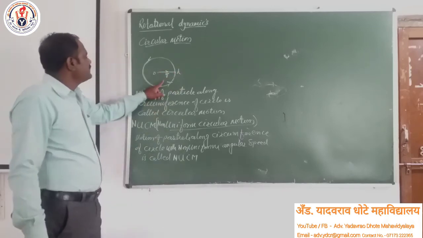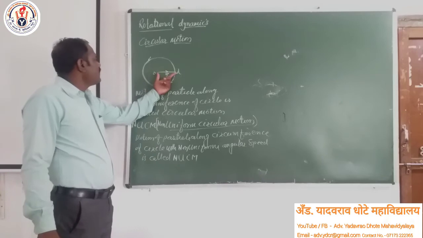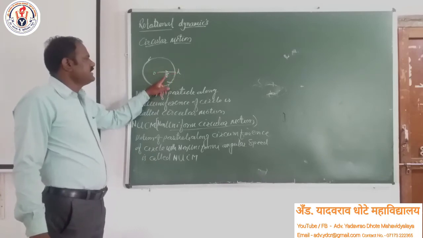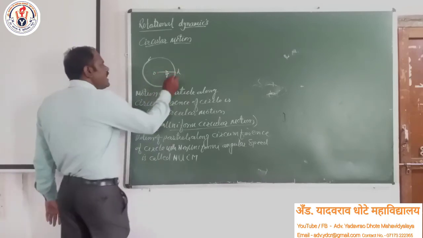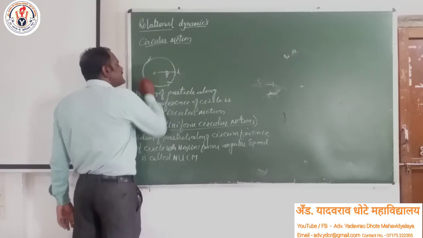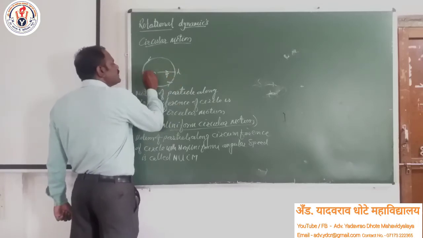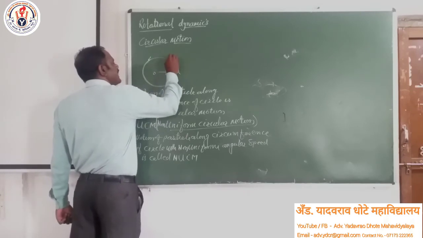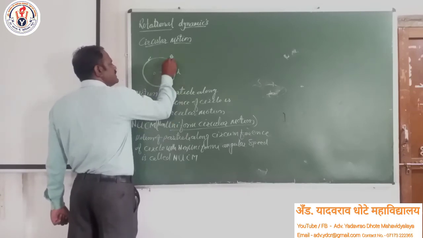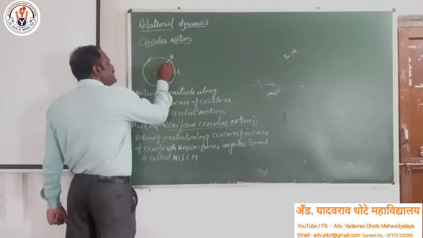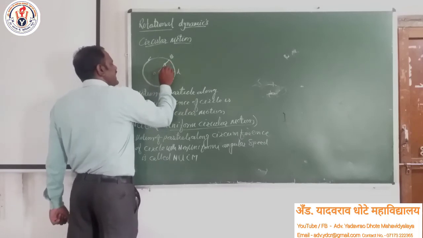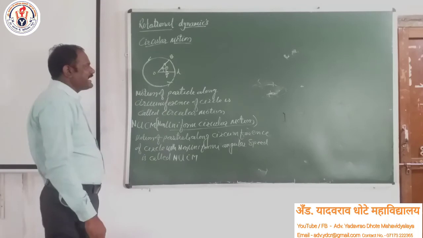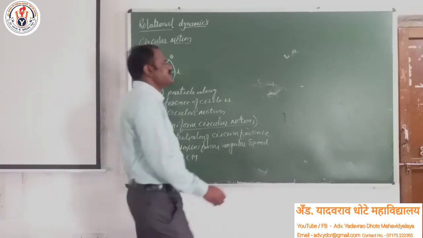So the segment OA is called the radius vector. If the particle describes circular motion anti-clockwise, it moves from position A and reaches position B. At the same time the radius vector traces an angle theta, and that angle theta is measured.